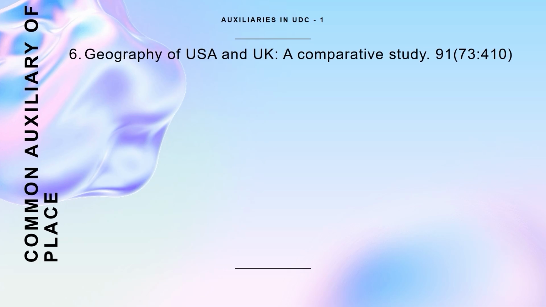Now a relation is there, a comparative study. So 91 is for geography, USA is (73), UK is (410). In between the USA number and UK number we put a colon, that is relation. So this is a comparative study or relation between the USA and UK geography.